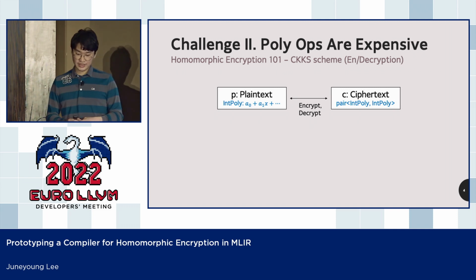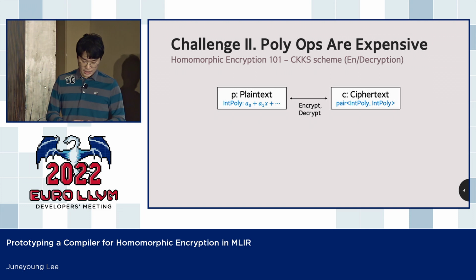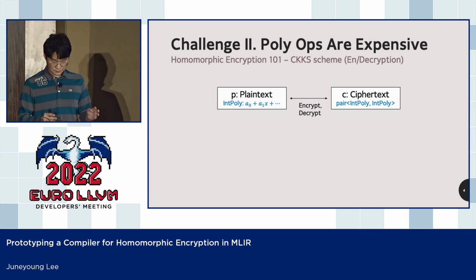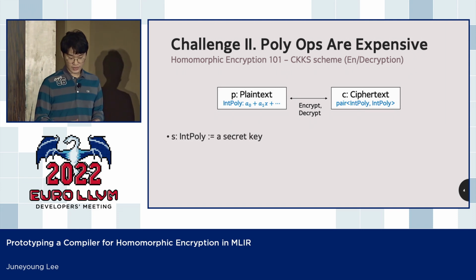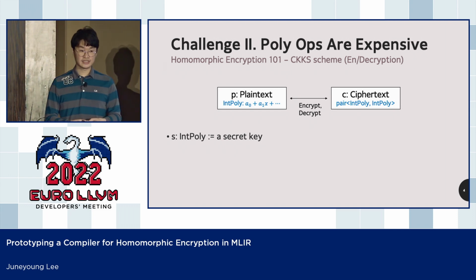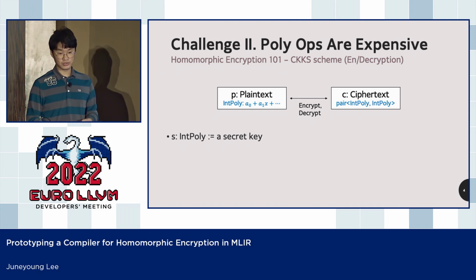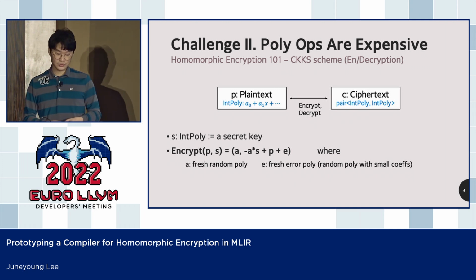The second challenge is that polynomial operations are expensive. In order to show this, I'm going to concentrate on the conversion between plain text and ciphertext, which is encryption and decryption. In order to do encryption, we choose a secret key, which is an integer polynomial. Then, encryption is done as follows.